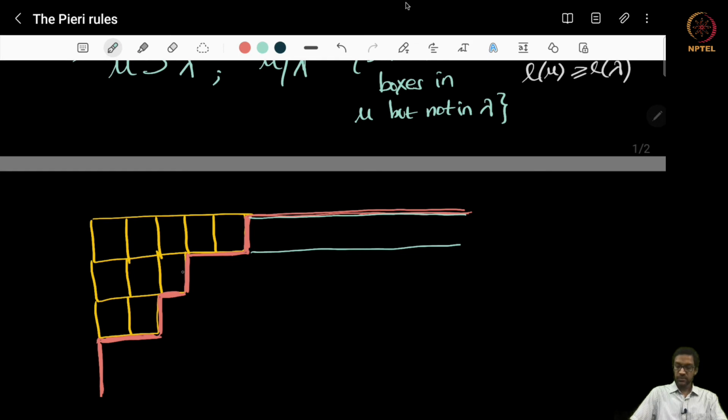Look at this boundary, it's got these horizontal segments. Now look at the cells which are not in lambda, which have at least one side in common with a horizontal segment. What are the cells I'm talking about? This bit is horizontal, so I'm talking about all these infinitely many cells here.